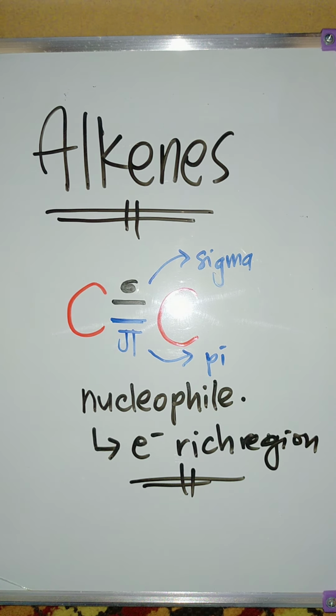So actually the boiling point and density of alkene are quite similar to those of alkane. The density of alkene itself is lower than water, so no need to worry. Normally alkene will be in the upper layer compared to water, which will be in the bottom layer.